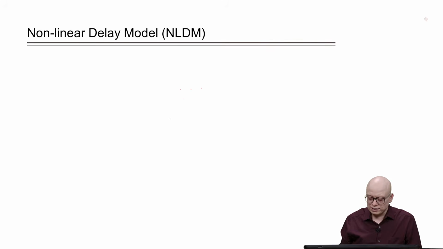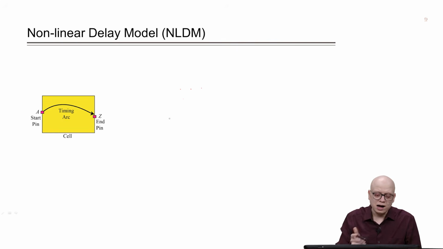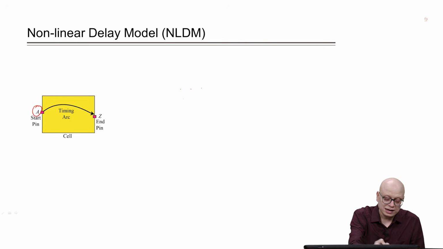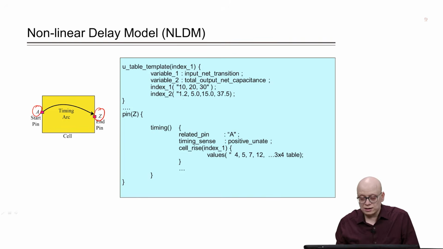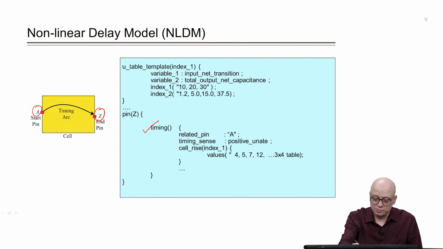Now, let us look at how the delay model, or non-linear delay model, is written in the technology library. Suppose we had a timing arc between A and Z. Corresponding to this arc, we will have a timing arc something like this.